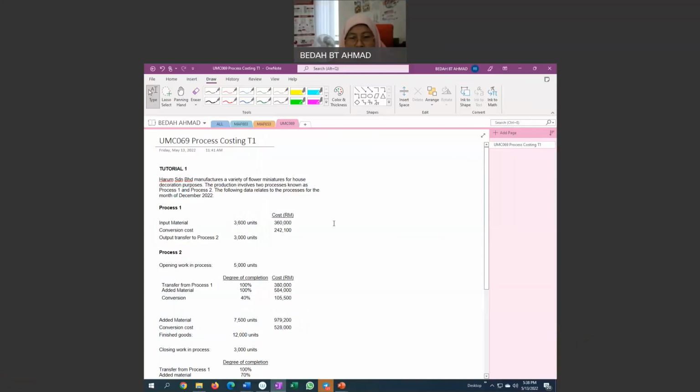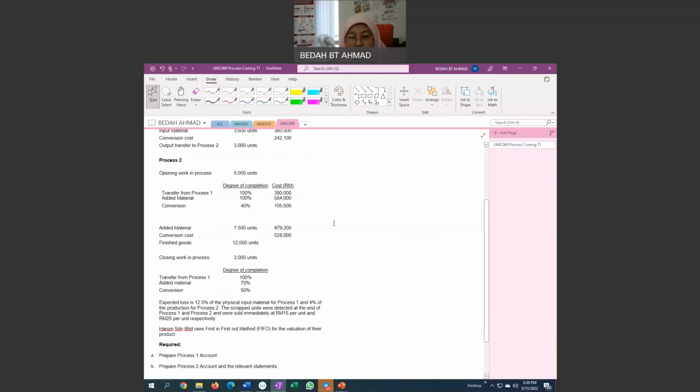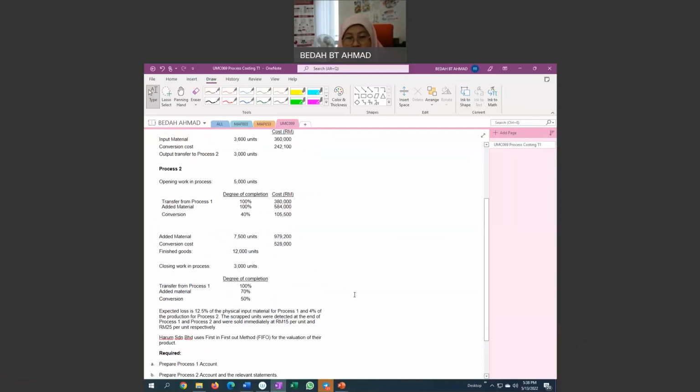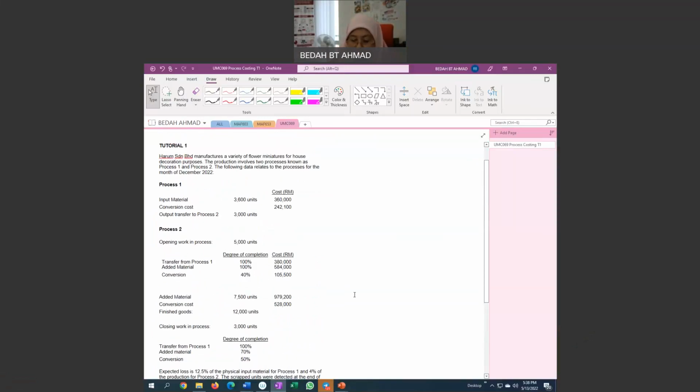So I'm using the question Harum Sdn Bhd as tutorial one. In these questions, you are required to prepare the process 1 account and the process 2 account, and the relevant statements to support these process accounts.